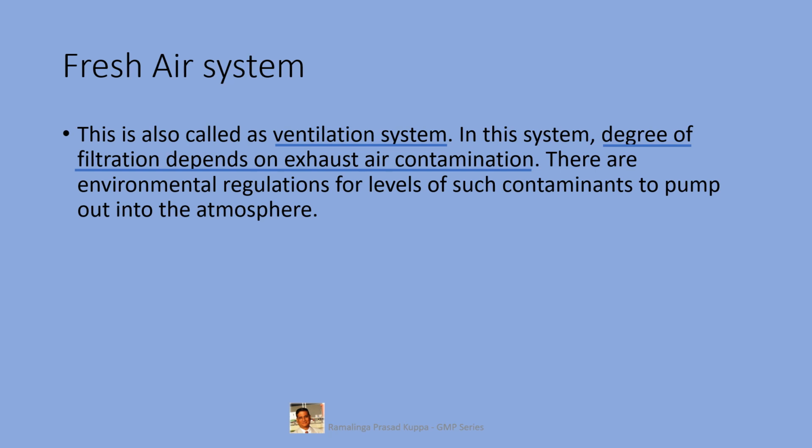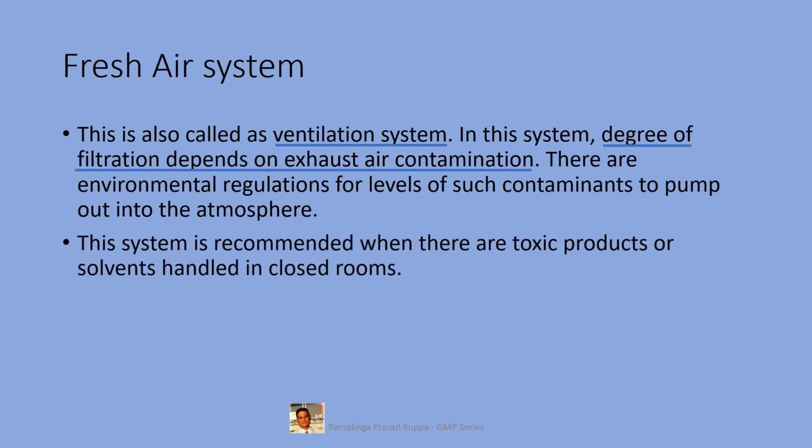This system is also sometimes referred to as a once-through system. Higher levels of filtration may be required if the exhaust air is beyond the limit of the regulations of the environmental agencies. This system is recommended when toxic products or solvents are handled in closed rooms. It is used for toxic and highly potent products and solvents.